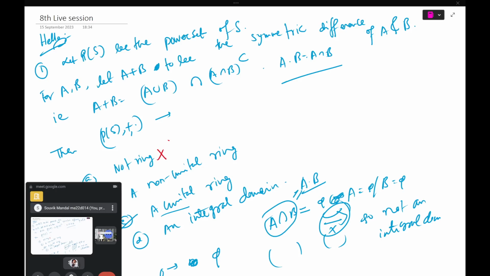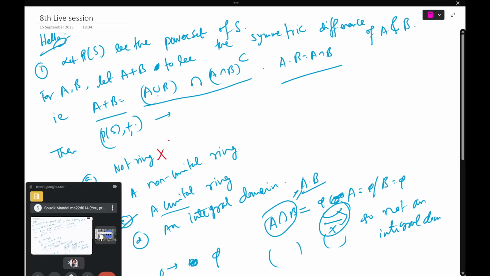So the first problem is that suppose P(S) is the power set of any set S. Then for any A and B, we are defining A plus B and A dot B as follows. A plus B is defined to be this and A dot B is defined to be this way.